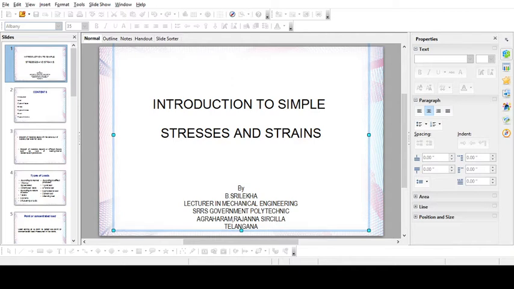So again, on what factors does this strength of materials depend? It depends upon a number of factors, like type of loading. Type of loading is nothing but the weights that we are putting on the material, what kind of forces we are adding on the material.